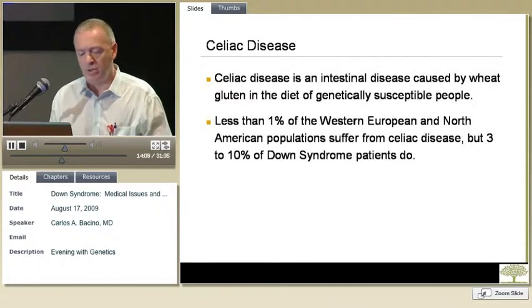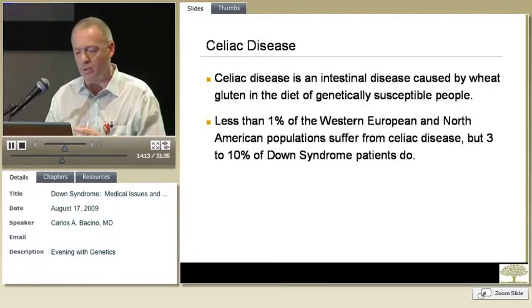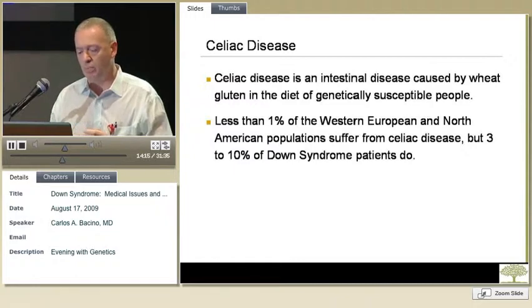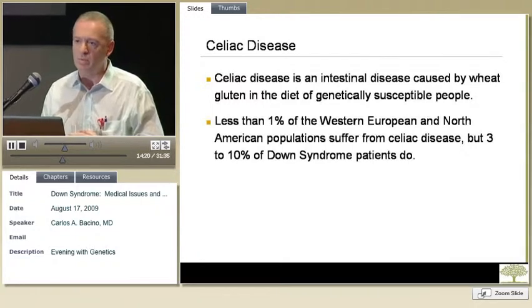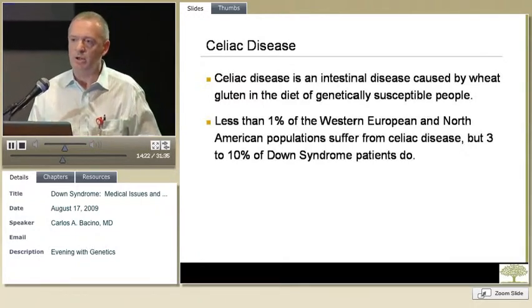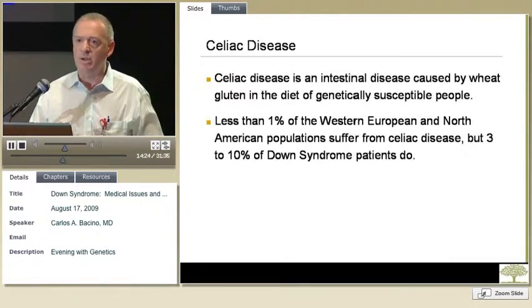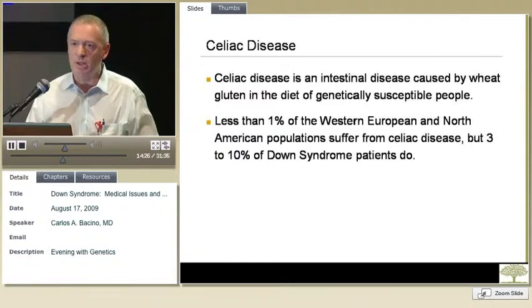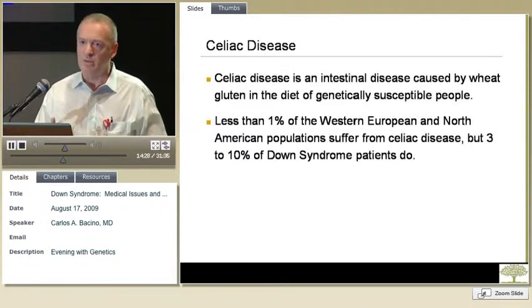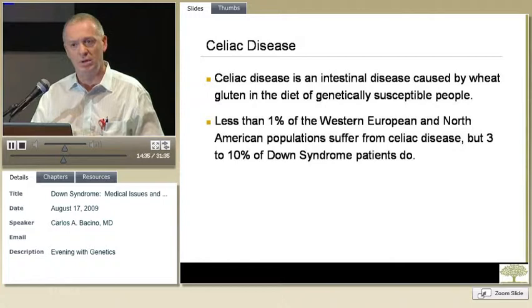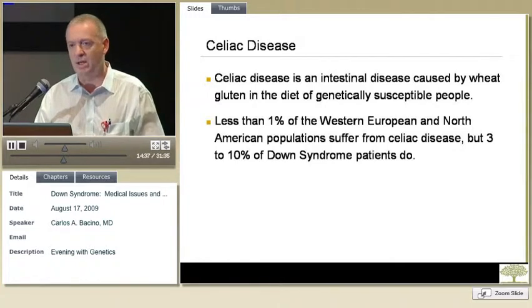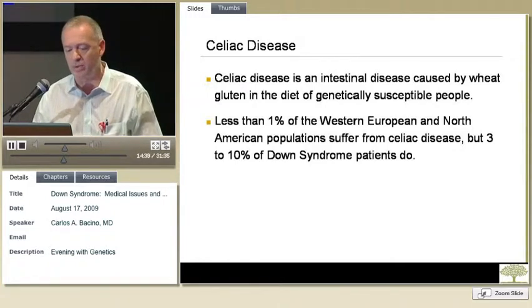It's fairly common, in the sense that you can see it in 1% of the population in most of the studies out there. But when you look at Down syndrome, depending on the articles that you read, some put the incidence of this disorder up to 10%. So you're talking about anywhere from 3 to 10 times the frequency you see in the general population.